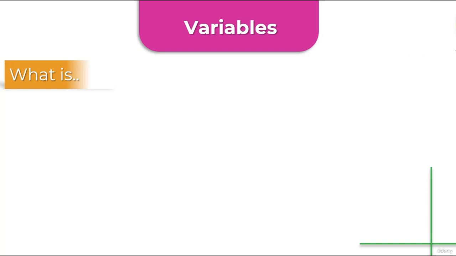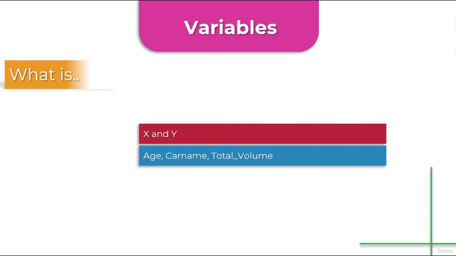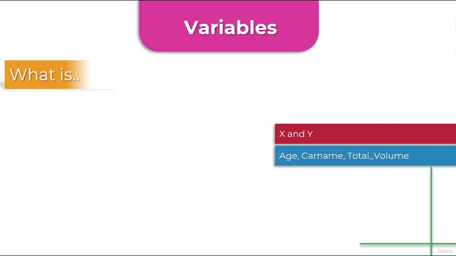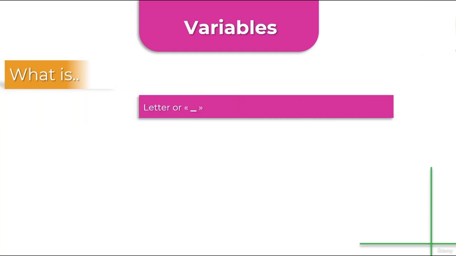A variable can have a short name, like x and y, or a more descriptive name, like age, car name, or total volume. But more importantly, when we create a variable, there are some basic rules that we must follow when we name it. A variable name must start with a letter or the underscore character.